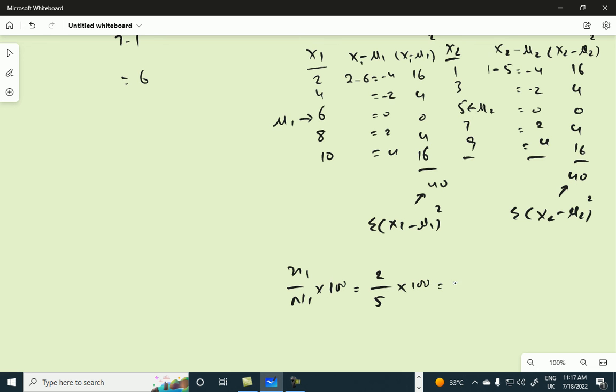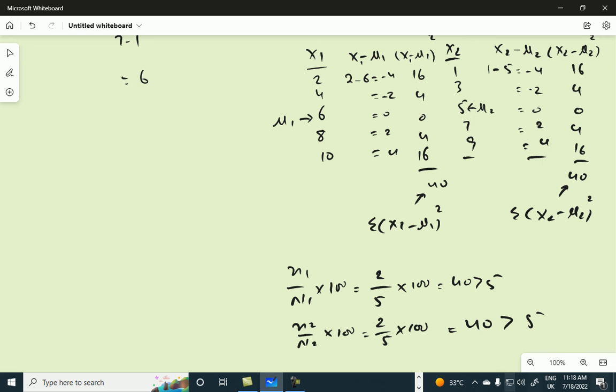This is equal to how much? 40. So, this is equal to 40, which is greater than 5. So, in both these cases, the finite population correction factor should be included, because it is greater than 5.